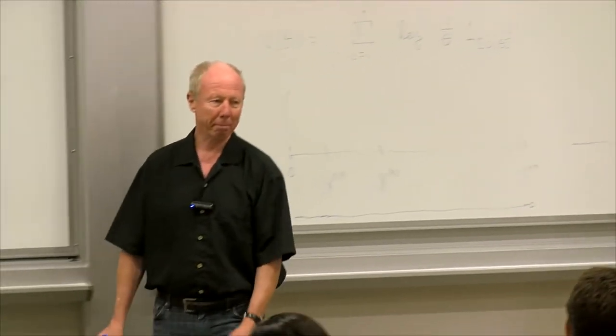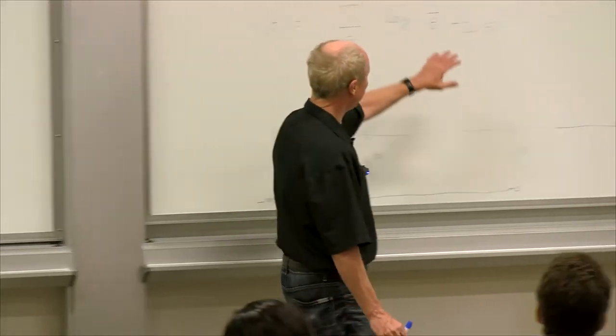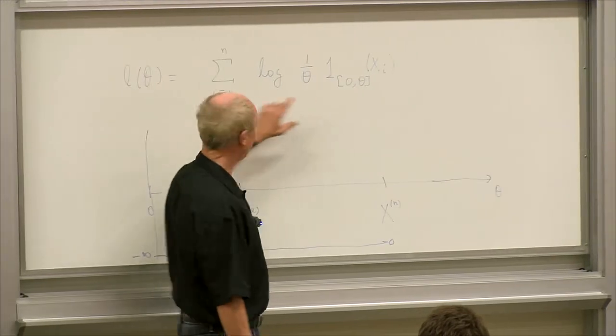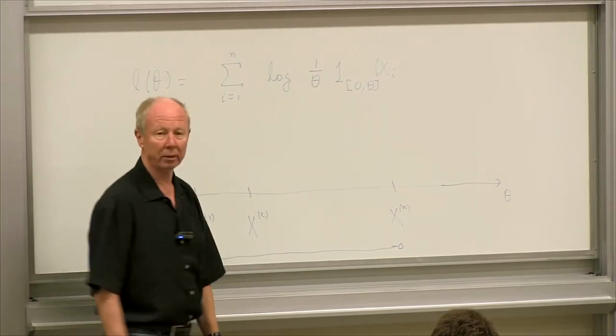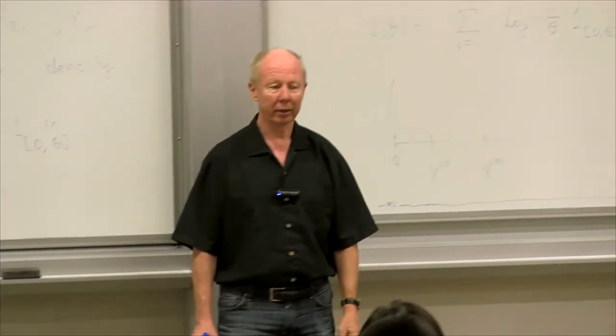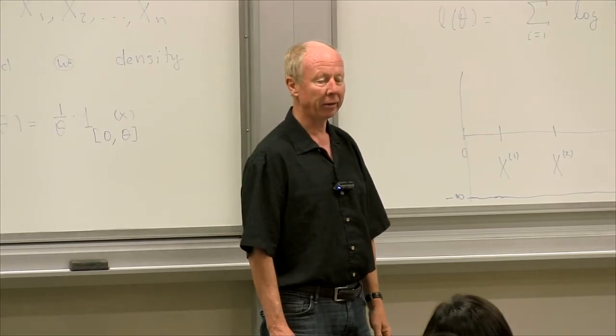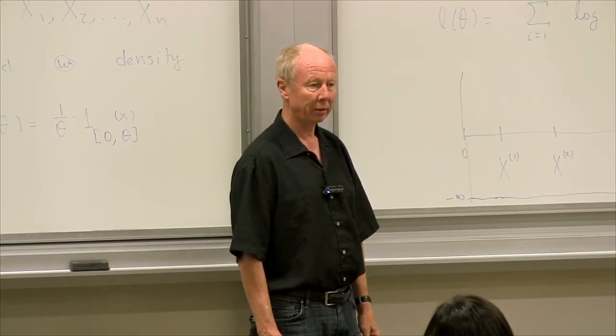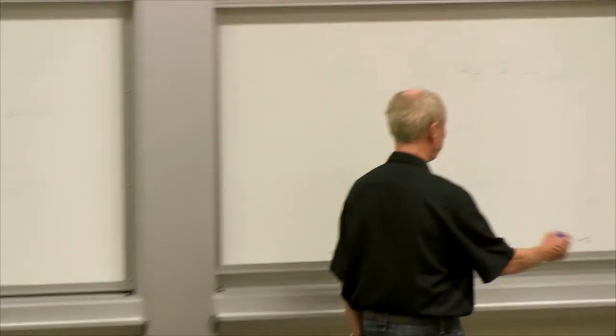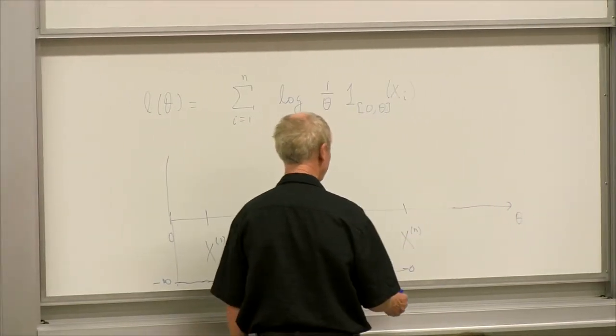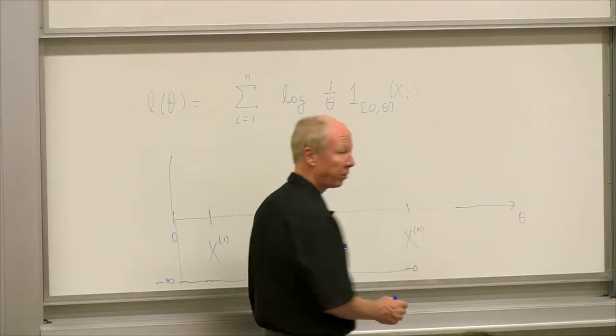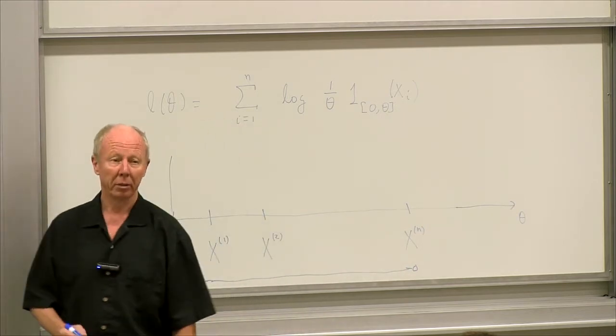What does it jump to? Then all of these will be 1. So we'll add up log 1 over theta n times. So we'll get n log 1 over theta. It'll jump up to n log 1 over theta. That could be a positive number, could be negative. Depends on whether theta is bigger than 1 or less than 1.